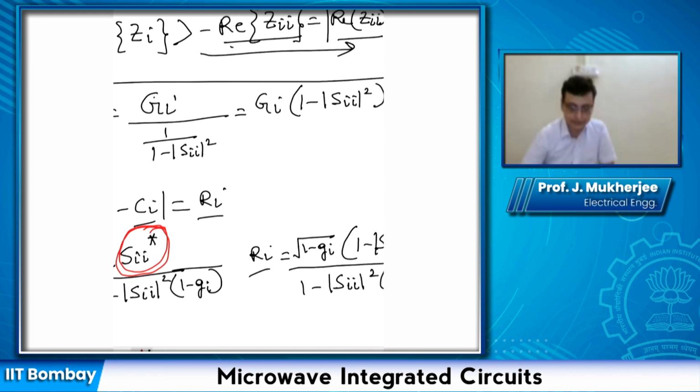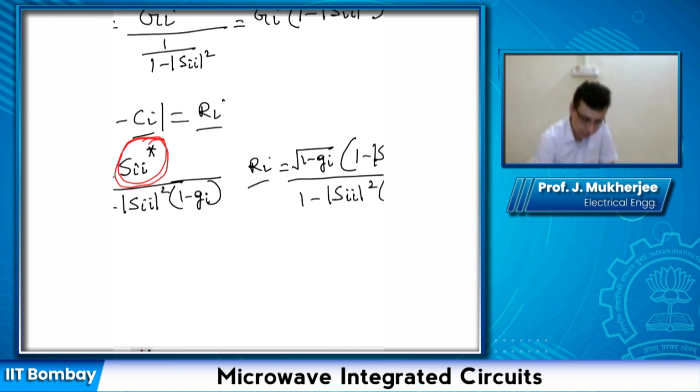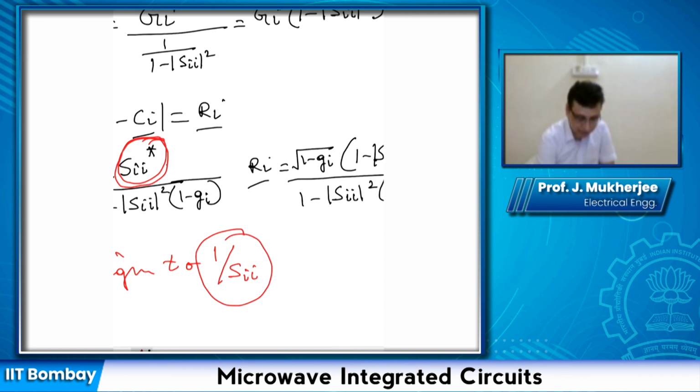So the way to do it is that you first draw a line joining the origin to 1 upon Sii. So the 1 upon Sii point, which will lie within the unit circle if magnitude Sii is greater than 1, has the same phase or same argument as this point, and so the center of all the constant gain circles will lie along the line joining the origin and this point.